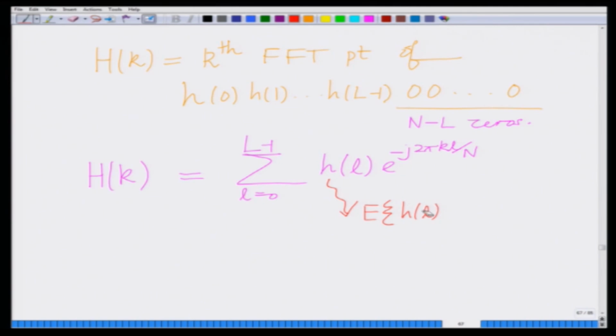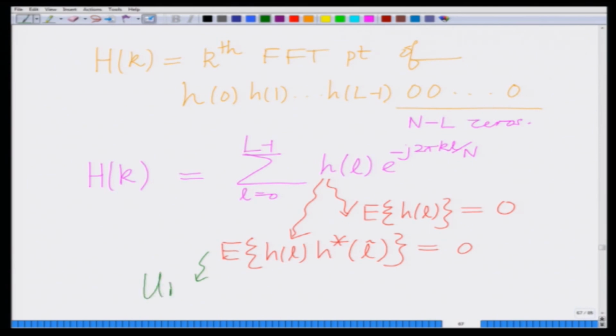What we are going to now assume is that each h l is a Rayleigh fading channel coefficient, which means each h l is complex Gaussian with zero mean, that is, the expected value of each h l is 0. Together we are going to assume, and this is an important assumption, that the expected value of h l times h conjugate l tilde is equal to 0, that is, the channel taps l and l tilde are uncorrelated.